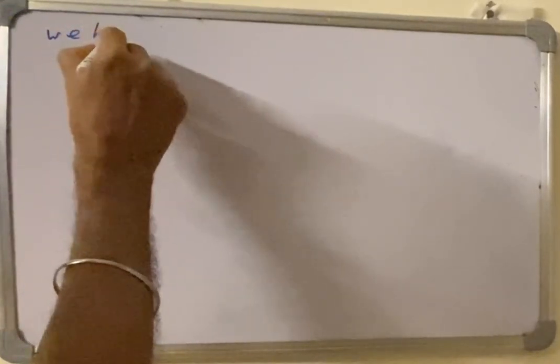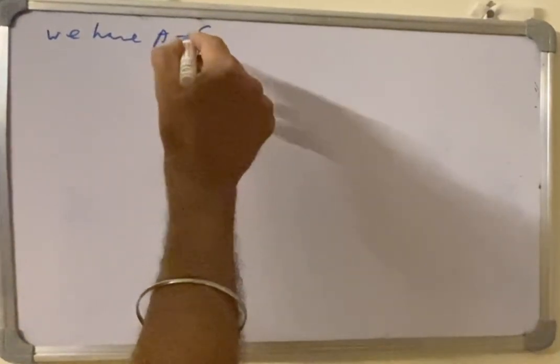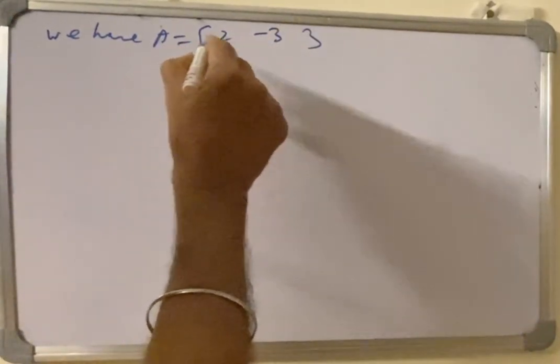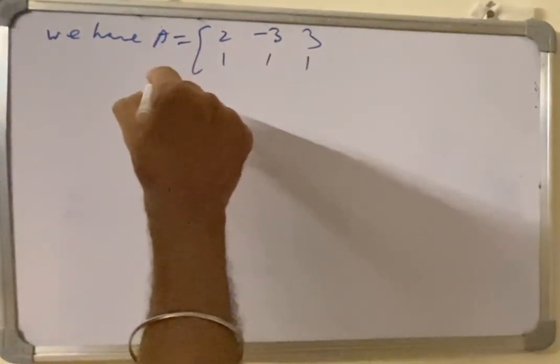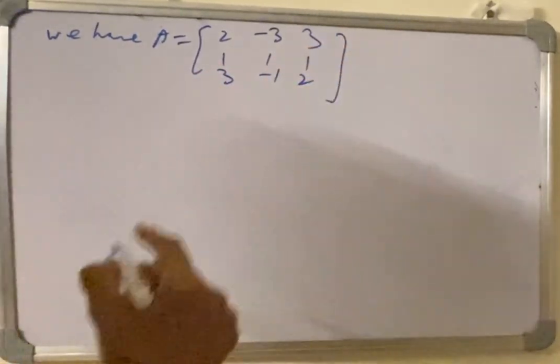Now we have A is equal to 2, minus 3, 3, 1, 1, 1, 3, minus 1, 2.